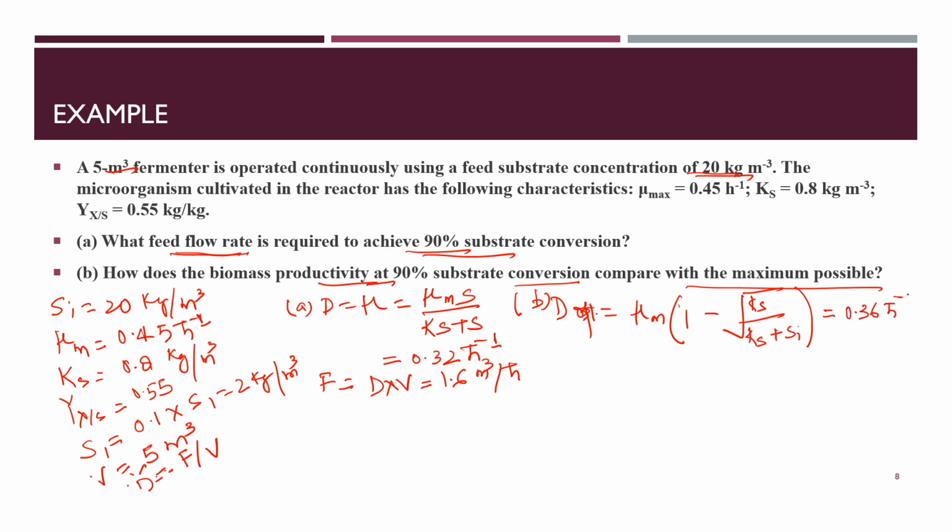0.36 hour inverse. Now, after getting the value of D optimum, we can calculate the biomass productivity, that is the Qx, which we can calculate using D optimum times (Si minus S), where S is D optimum Ks upon mu max minus D optimum into Yx/s.